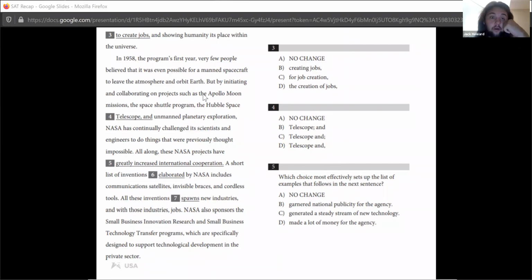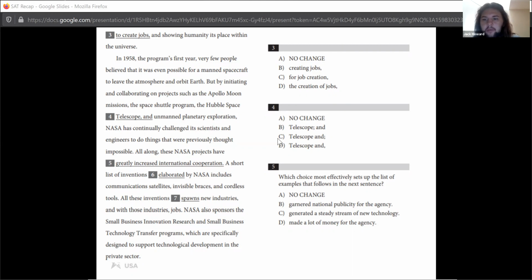Okay, so I'll read it over. But by initiating and collaborating on projects such as the Apollo moon missions, the Space Shuttle program, the Hubble Space Telescope, and unmanned planetary exploration, NASA has continually challenged its scientists and engineers. So it seems to be a question about grammar largely.